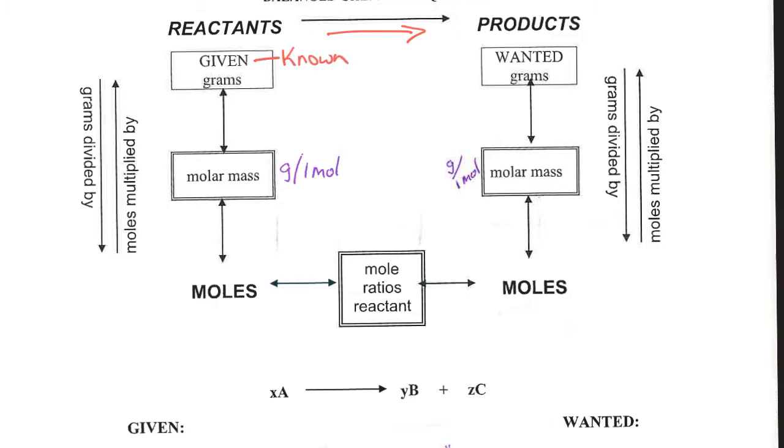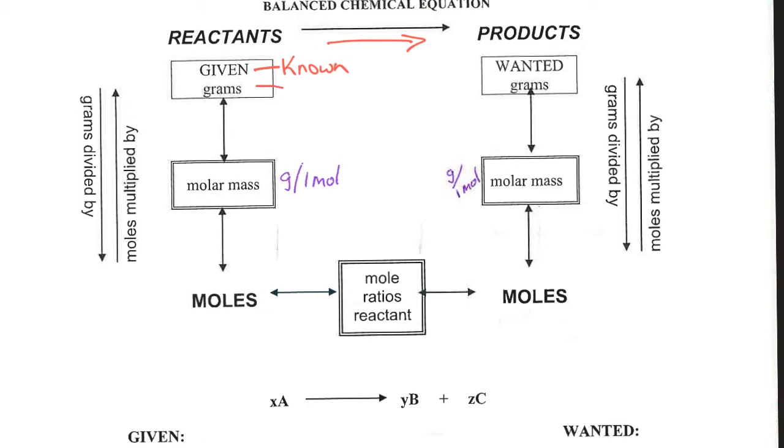So you're given a known, and let's say that the known you're given is in the unit of grams. Well, in order to do this problem, we're going to have to convert using the molar mass. So anything with a double-lined box is going to be a conversion factor. We're going to get the molar mass by looking up the mass of each element, and that's going to give you the weight of 1 mole.